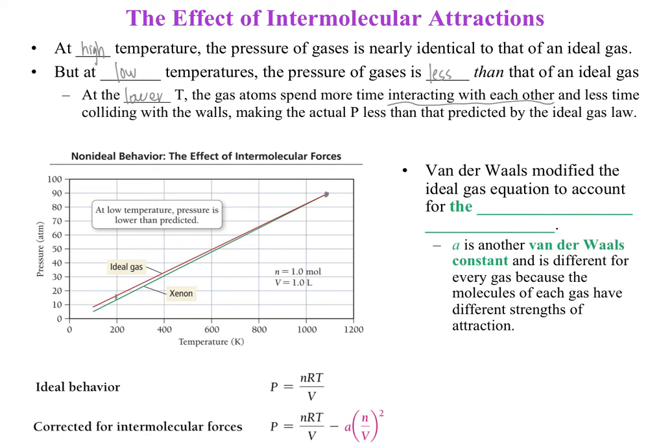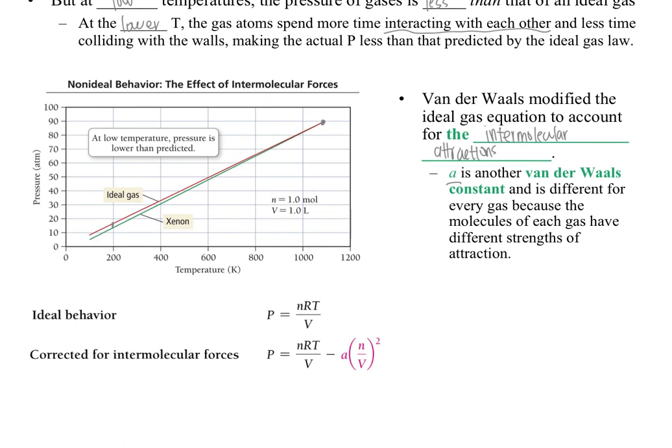In order to account for the intermolecular forces, or I'm not going to say forces, I'll say attractions, we are going to take into account A. So A is the coefficient for attractions. That kind of makes sense.